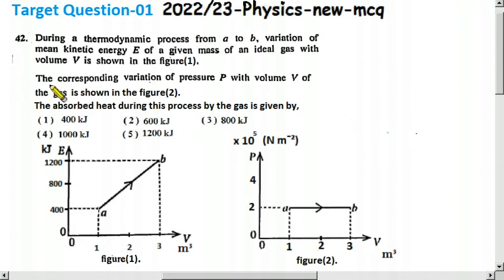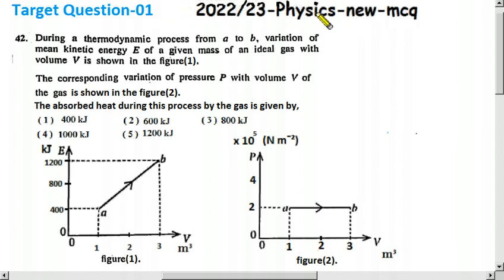Children, I made a target question for you. Here is target question number 1. So try to solve it on your own without looking at my answer. Honestly, try to do it.